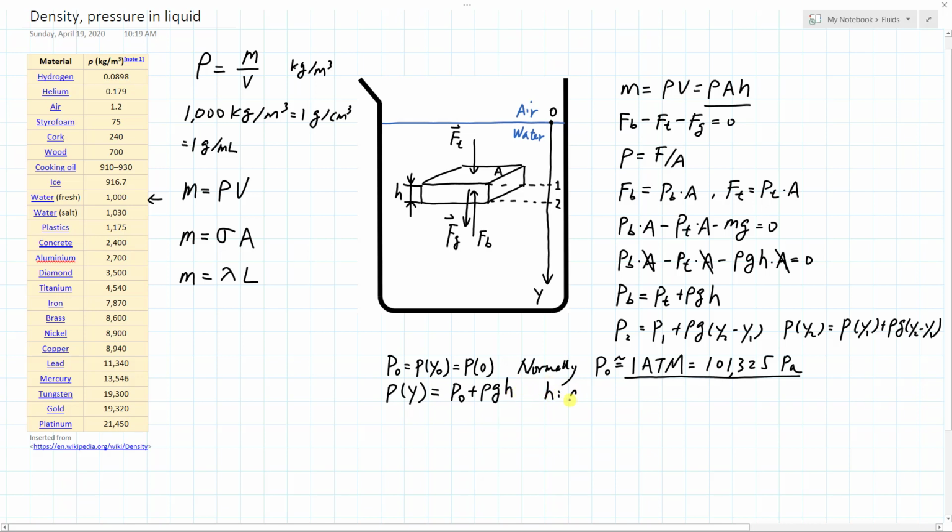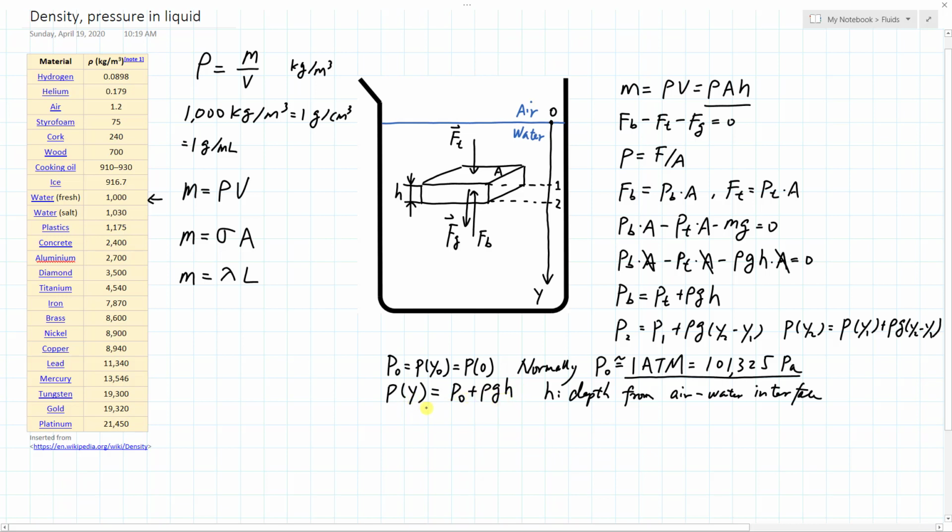H is depth from the air-water interface, or the water surface. Alright, so now that we know how pressure can vary with depth, the change of pressure is proportional to depth, or pressure is linear with depth.